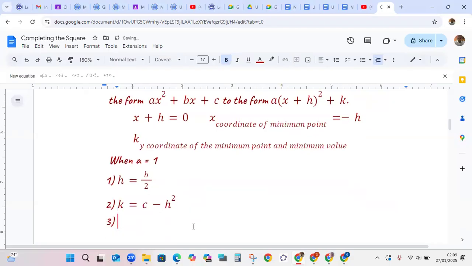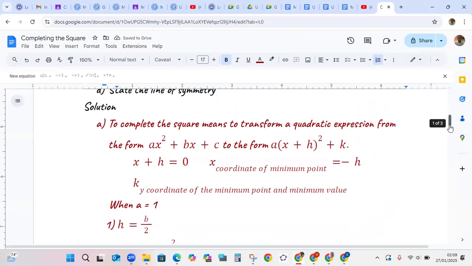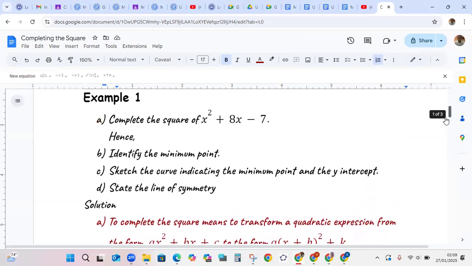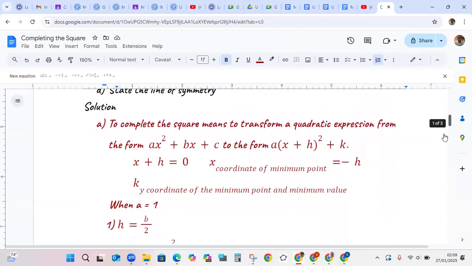So in our example, we have x squared plus 8x minus 7.